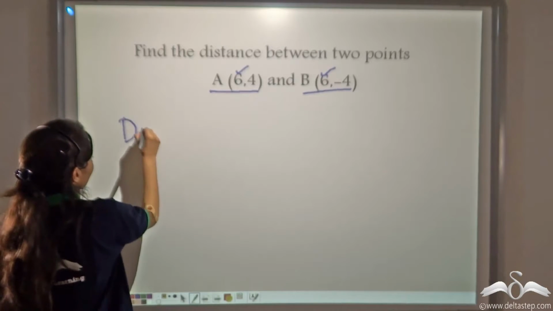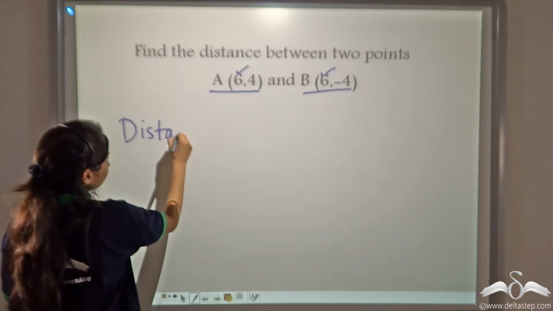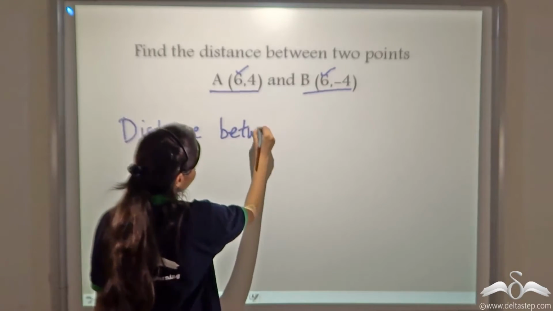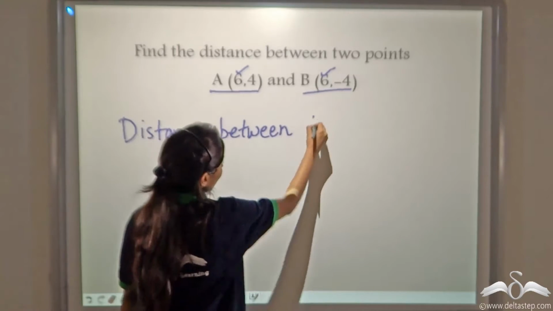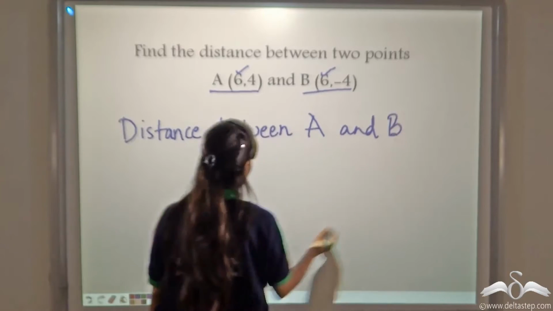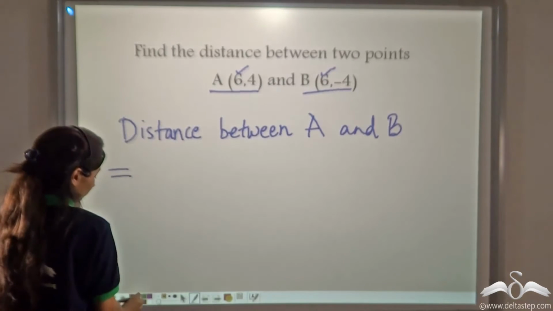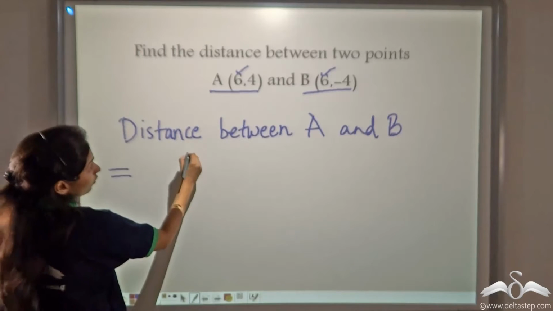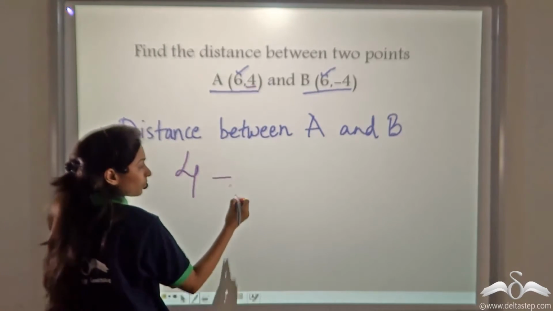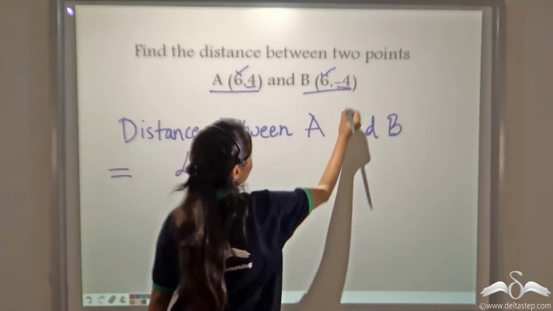So you can say that the distance between A and B can be 4, that is this, minus, we have to subtract the coordinates, minus 4.